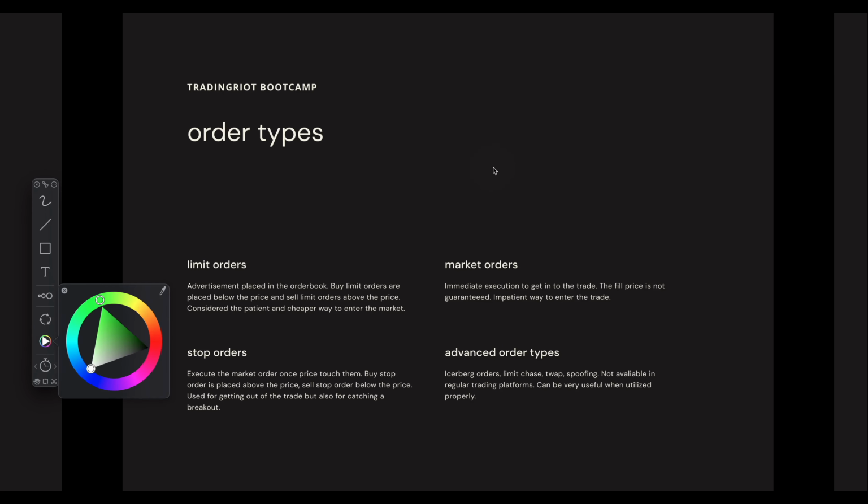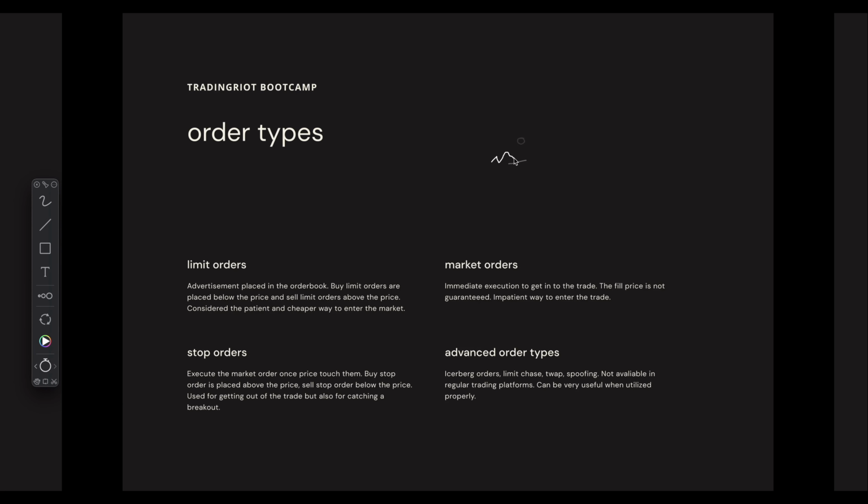If, for example, the market is going up, you will buy here and you will place your stop order below the market, so if price goes against you, you will be out of the trade. You don't want to be in anymore.